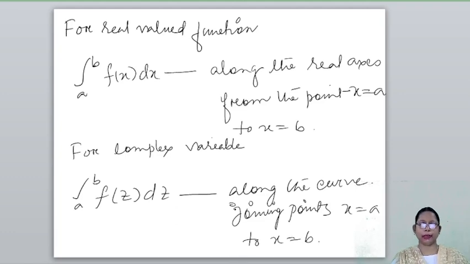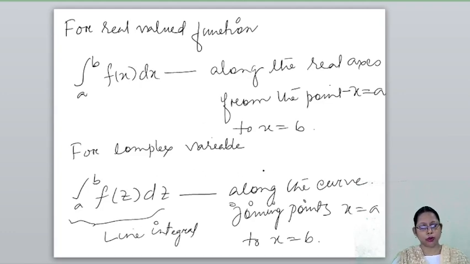That is, the value depends upon the path joining the points. The definite integral in the case of a function of a complex variable is known as a line integral.